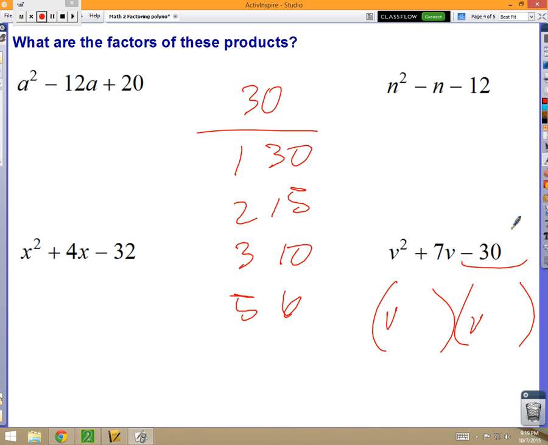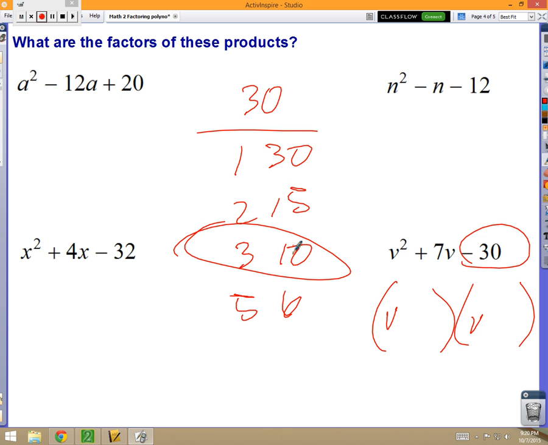It's a minus 30, so that means when I multiply, one of them's got to be plus, one of them's got to be minus. But when I add them, I end up with a positive 7. So that means I've got more positives. What is going to add and give me 7, and at the same time times and give me 30? Of these 4 options, I like this one right here, 3 and 10.